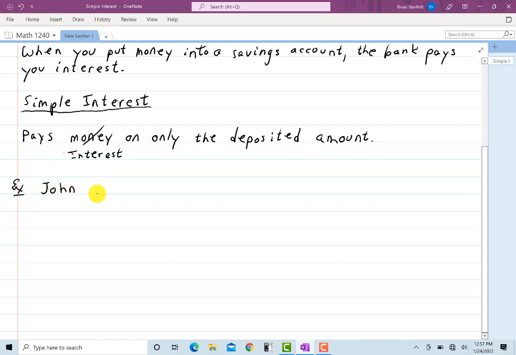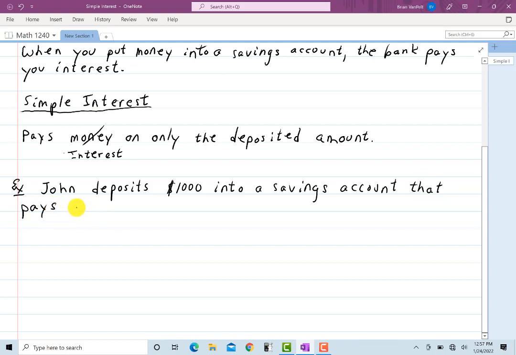John deposits $1,000 into a savings account that pays interest at 5% APR.